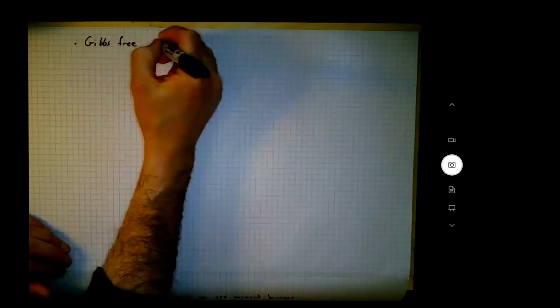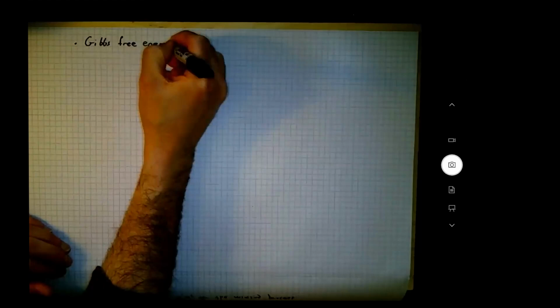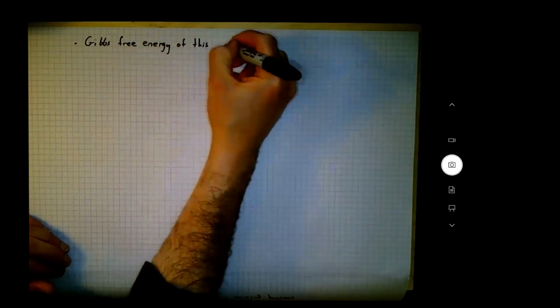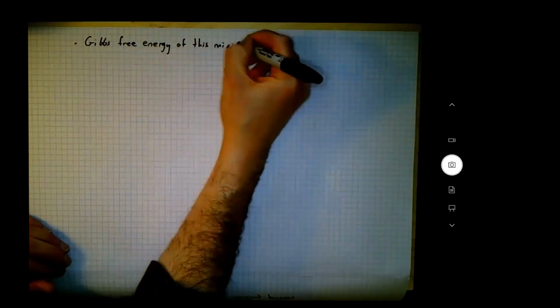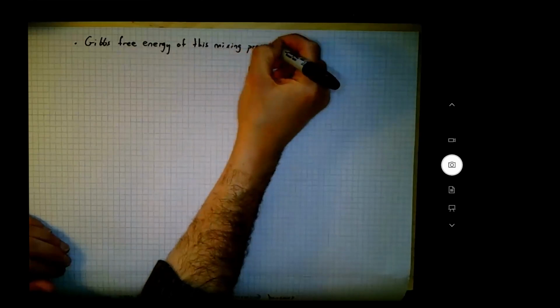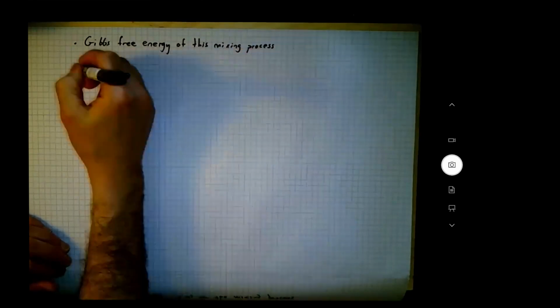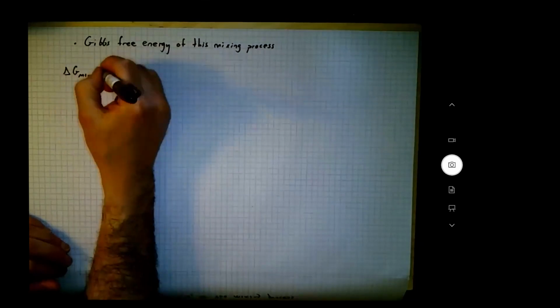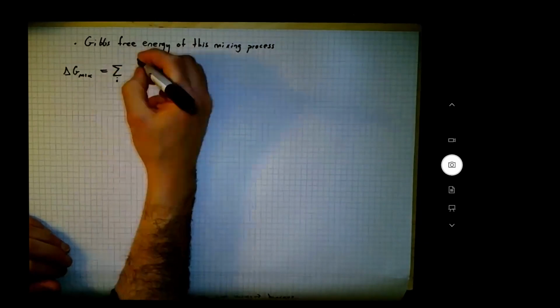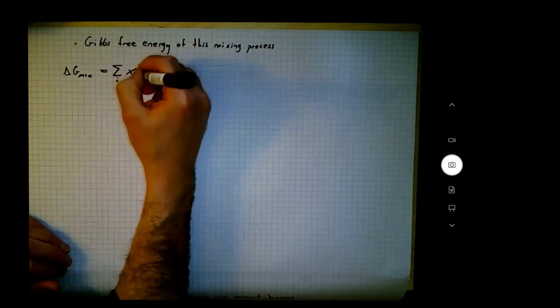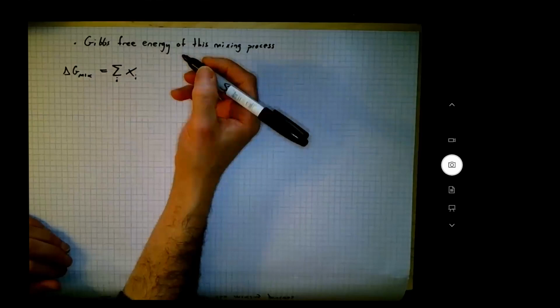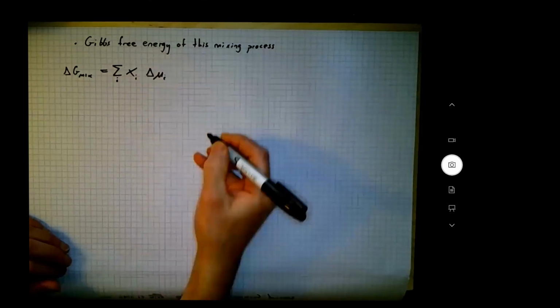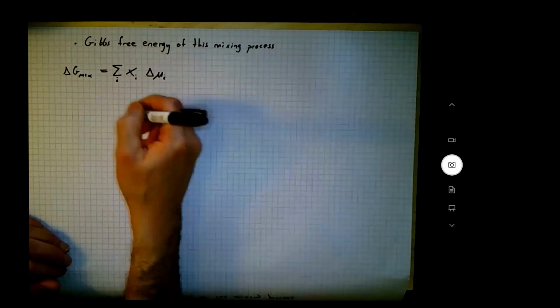So what is the Gibbs free energy of this mixing process? We know how to write that down now because we've done the rudiments of solution modeling. It's the weighted sum by mole fraction of the partial molar property, and we just take from the previous board.